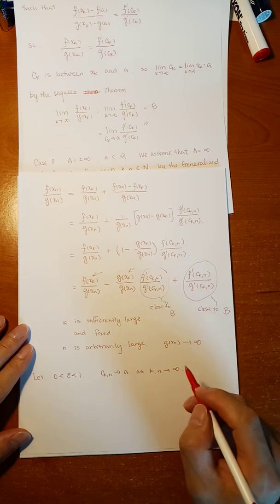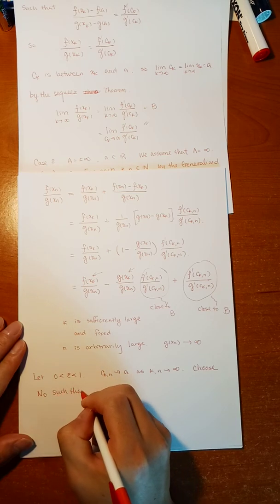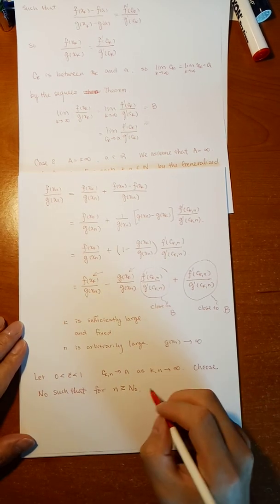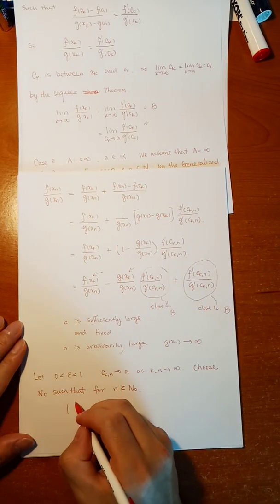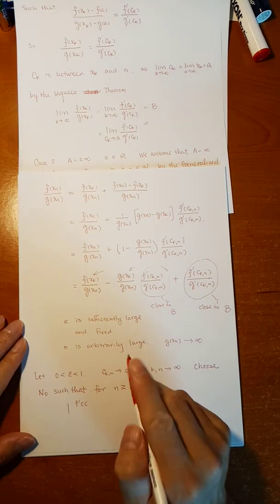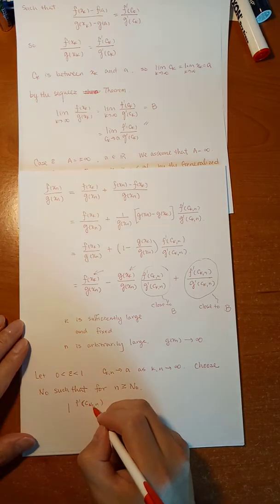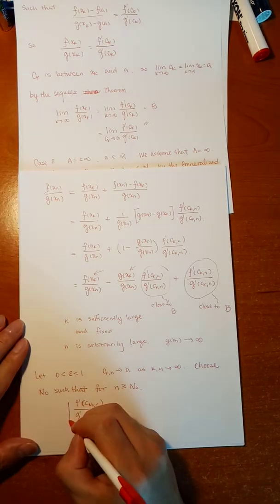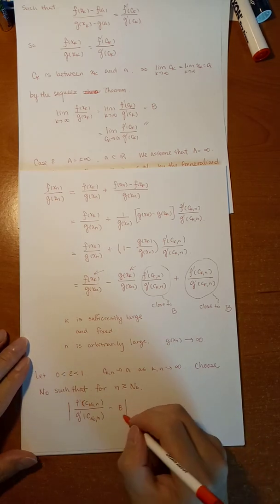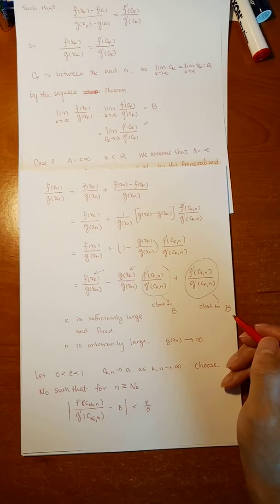So we choose n0 such that for n greater than or equal to n0, this term f prime of c_{n0,n} over g prime of c_{n0,n} minus b is less than epsilon over 3, whatever, it's just epsilon. K is this n0, sufficiently large but fixed. So it just means it's close to b.